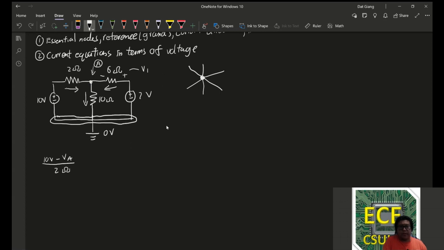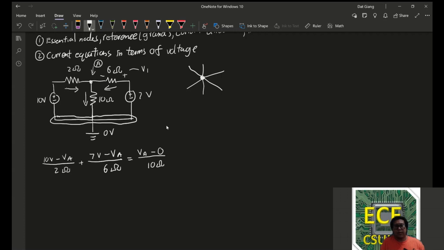Now, based on KCL, it's entering, entering, and leaving. So we have one more equation right here. We have 7 volts minus VA divided all over 6 ohms equal to, well, in this case, VA is at a higher potential compared to the low potential, which is ground, which is 0 volts. So we have that minus this divided by 10 ohms.